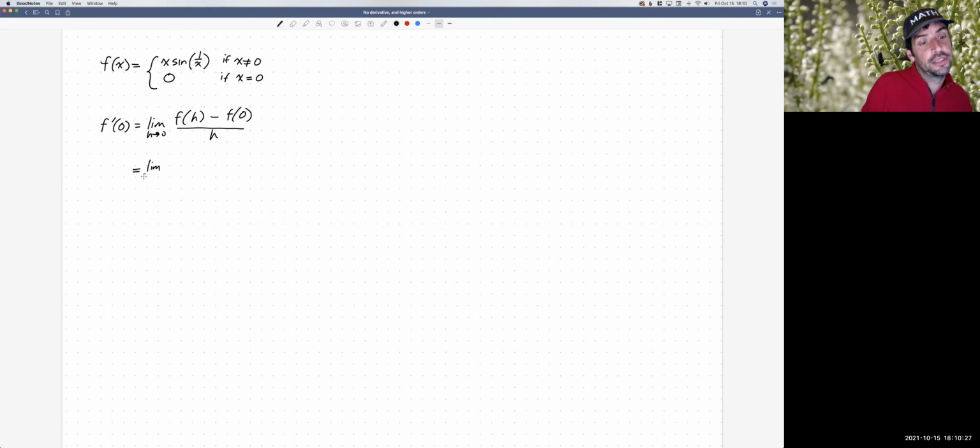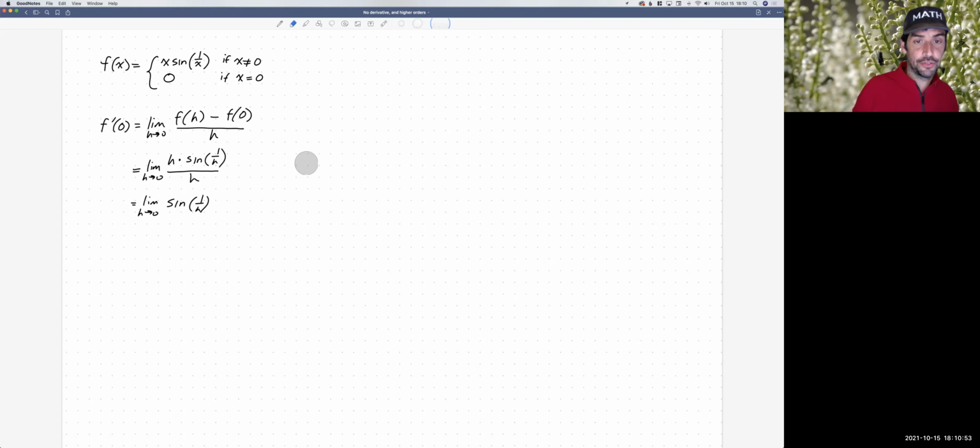We have the limit as h goes to 0, f of h will be h times sine of 1 over h. F of 0 is 0, so that f of 0 goes away. We've got an h here. The factors of h cancel, and we're left with the sine of 1 over h.